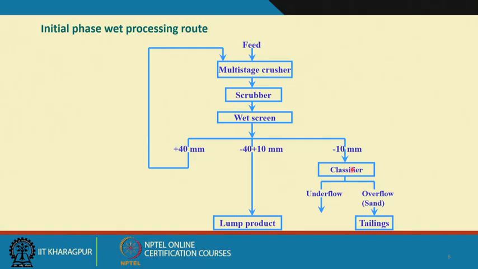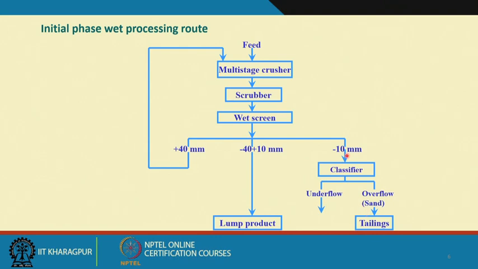So it is better to get rid of this, throw it as tailings. So you want to remove the minus 150 micrometer particles, so you have a classifier. The classifier overflow, which is the finer particle, we call it sand, because they mostly have alumina and silica, mostly silicates, and we used to dump it in the tailing pond.